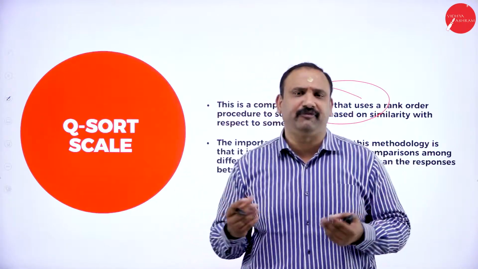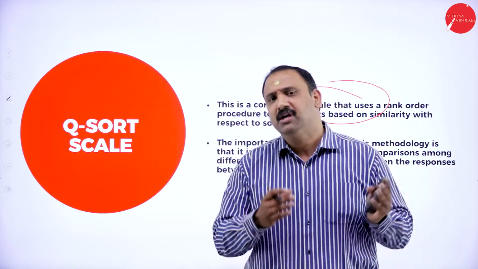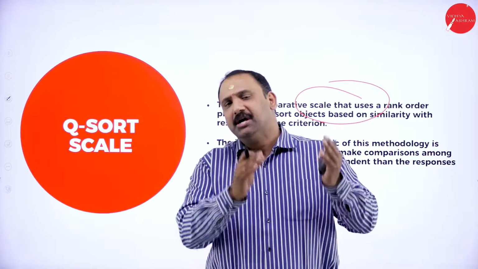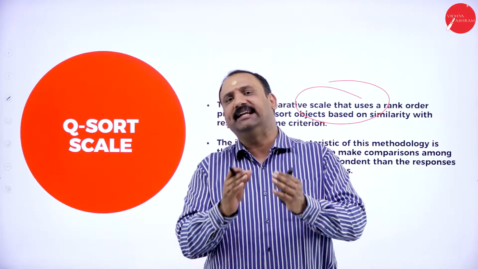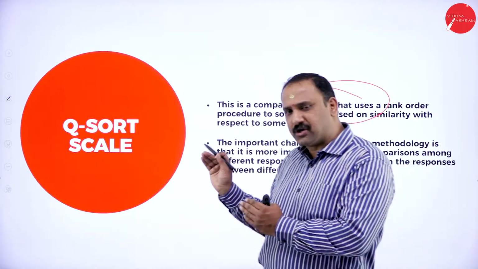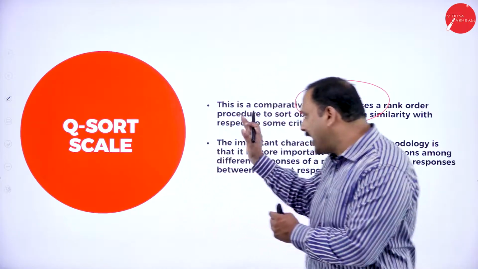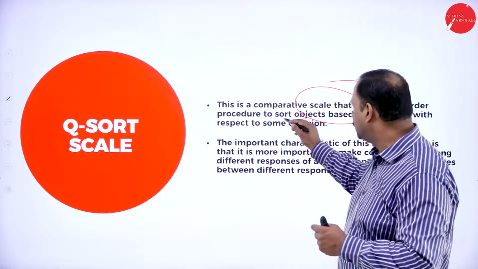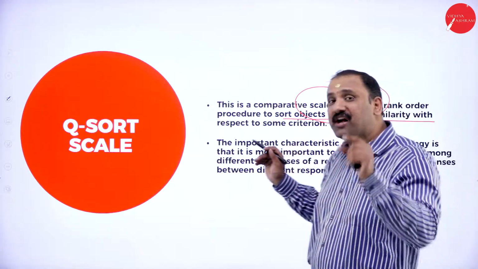There are so many other factors in a smartphone. When you categorize smartphones based on features, pricing category, and priorities, you come to a quick sort scale, where you use the rank order procedure to sort objects based on similarity.